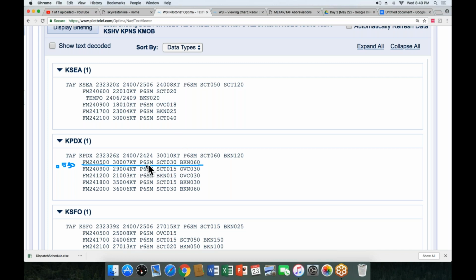Okay, so we'd look at this part right here and ask, do we have 3 miles of visibility or greater? Yep, we sure do. We have greater than 6 miles of visibility. Then we'd look at this, where's our ceiling at? It's a broken layer, right? Yep, the broken layer at 6,000, exactly. So this is our ceiling. We don't even care about this. This doesn't mean anything. So we'd look at this broken 6,000. Is that greater than 2,000 feet? I think so. Yeah. So do we require an alternate?